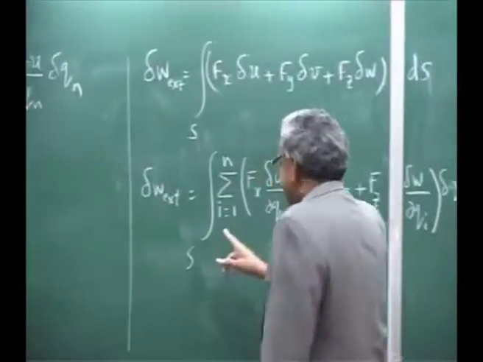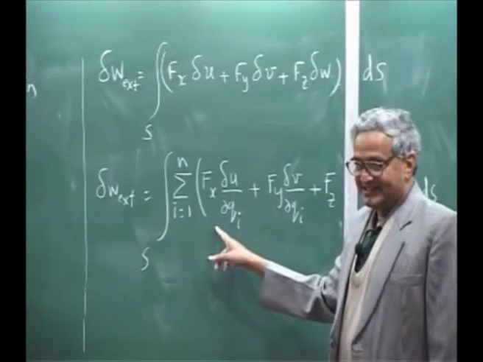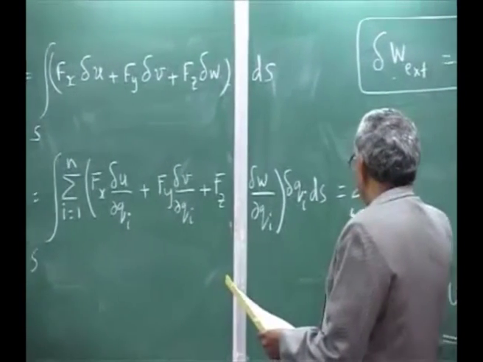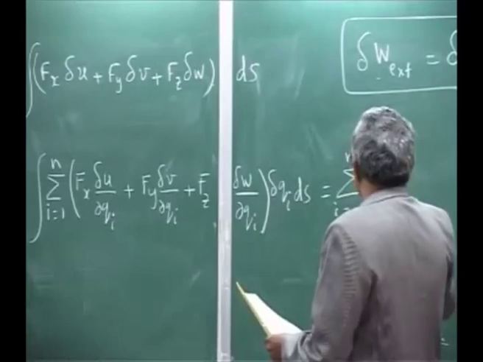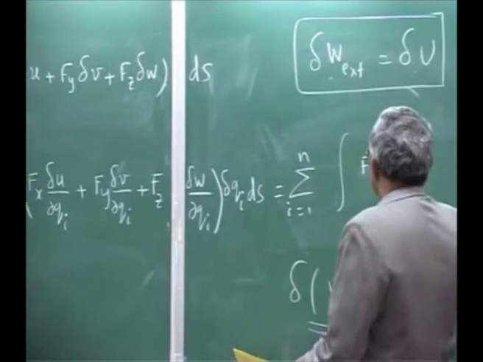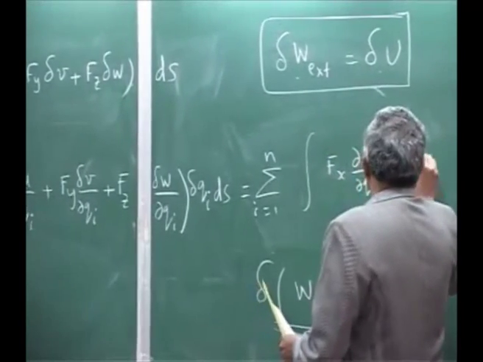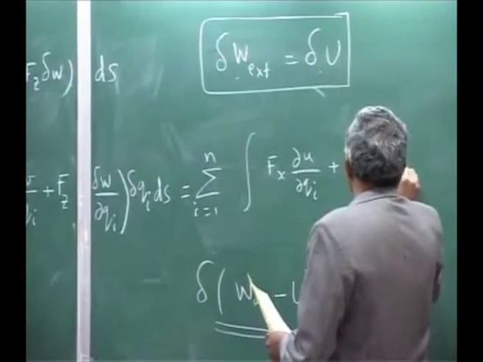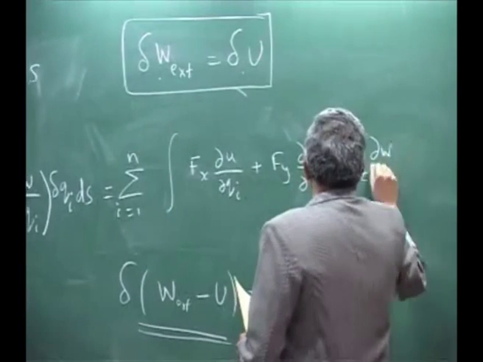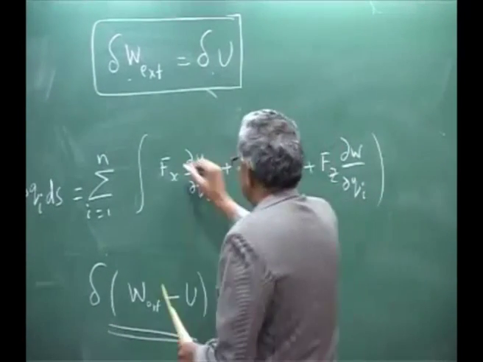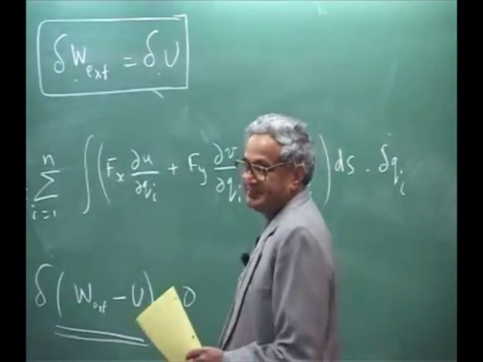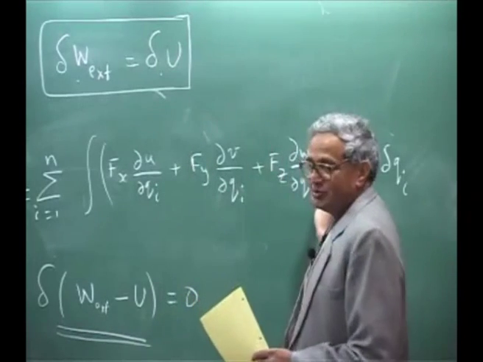So you can take the integral inside and write it as summation i running from 1 to n, integral Fx delta U by delta Qi plus Fy delta V by delta Qi plus Fz delta W by delta Qi, dS into delta Qi. Okay. This is only on the surface.